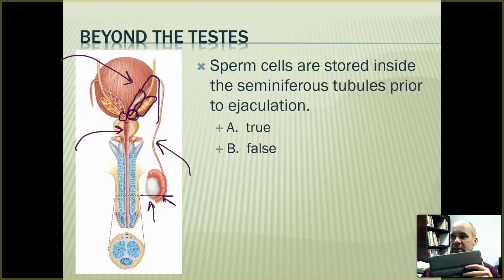So that's going to be taking place during ejaculation. And of course, the semen then travels down the spongy urethra in the penis and on outward to the outside of the body.